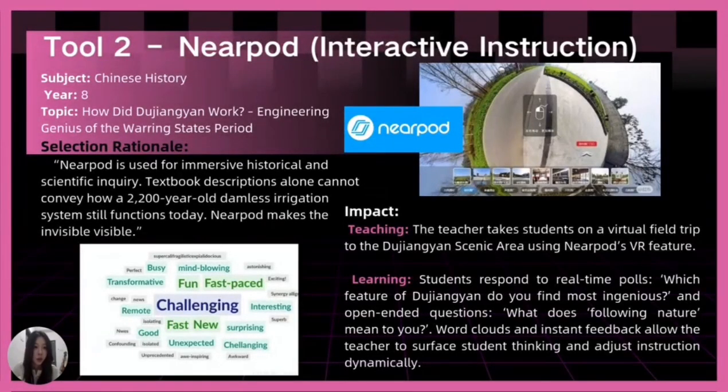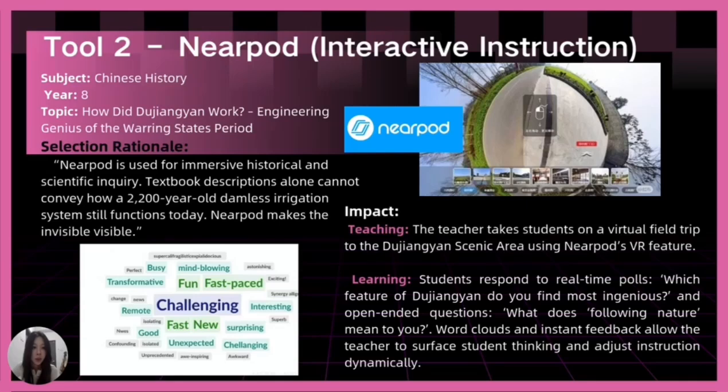The second tool I chose is Nearpod, for interactive instruction. The subject is Chinese history. Students are also Year 8. The topic is how did Dujiangyan work? Engagement guides of the Warring States period.